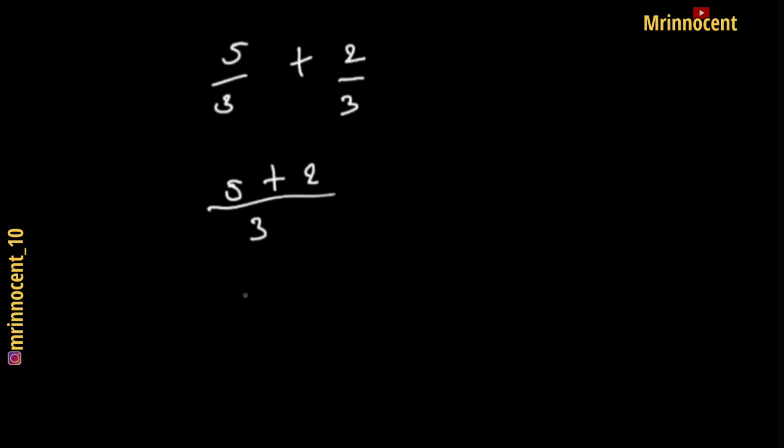So you have 7 over 3 equals to 7 divided by 3 is 2 whole number 1 over 3.